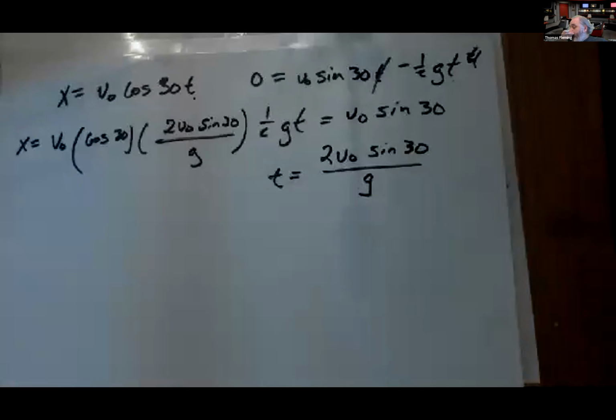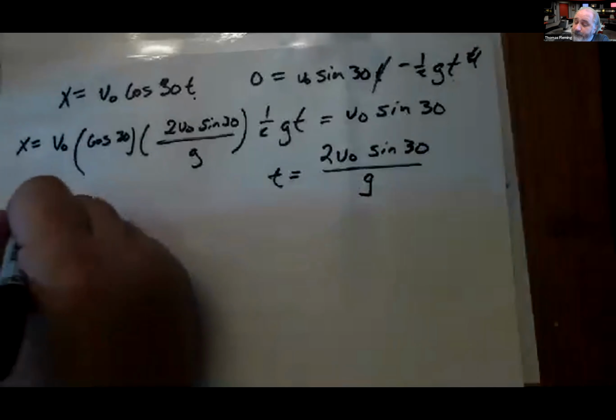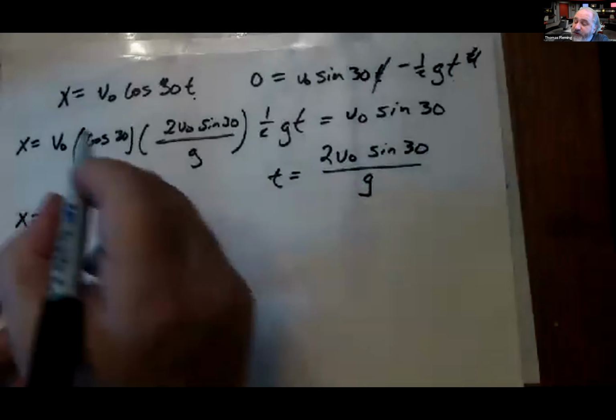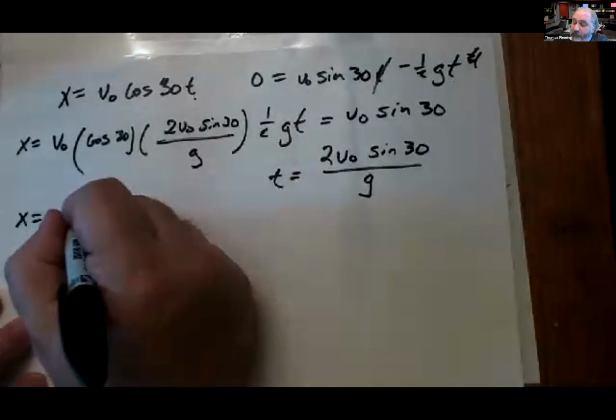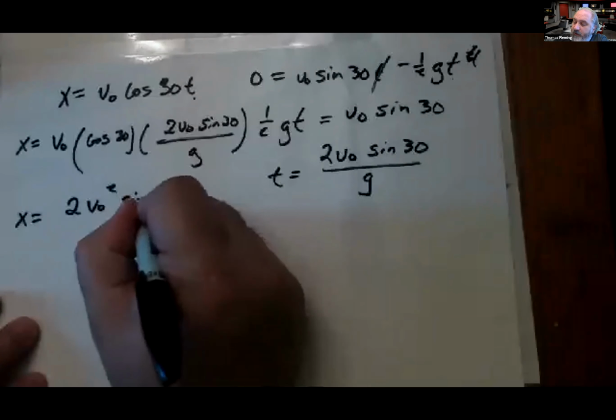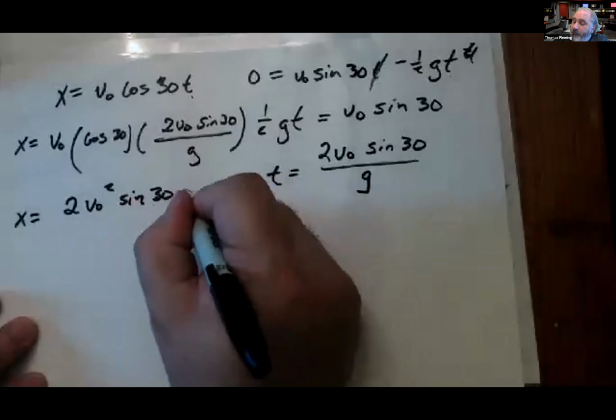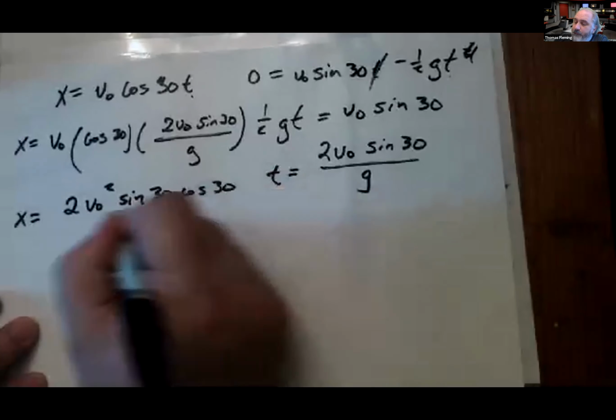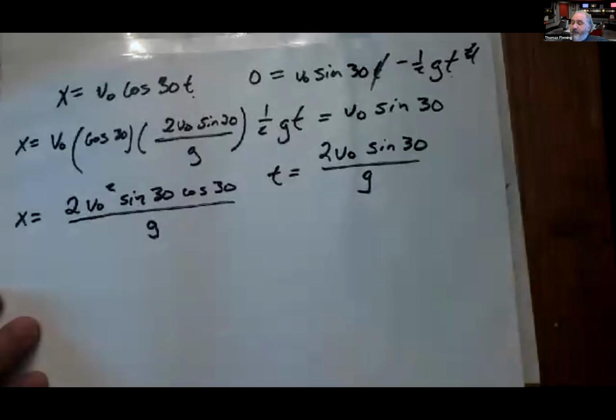Pretty nifty. So x final, I have v initial times v initial. That's going to be 2v initial squared sine 30 cosine 30 divided by g.